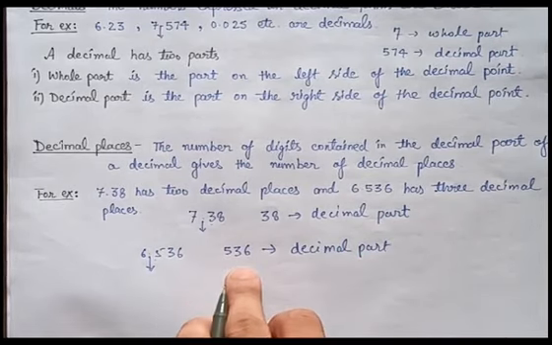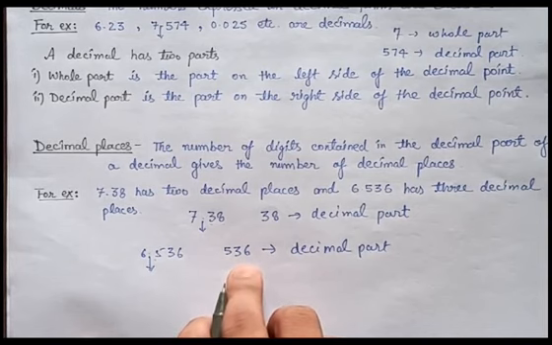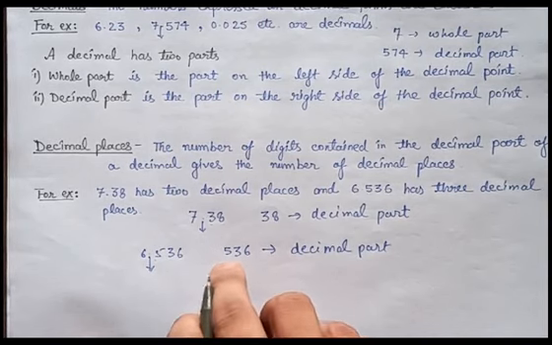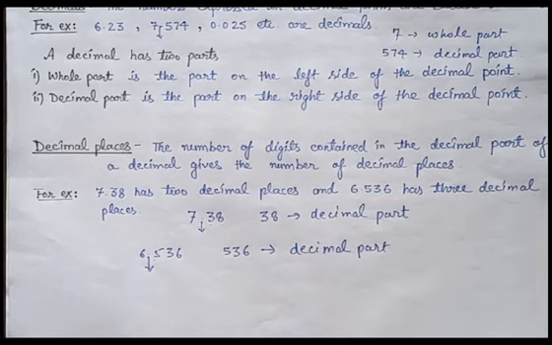As the decimal part 536 contains 3 digits, 5, 3 and 6, so we can say the number of decimal places in 6.536 is 3. Okay, I hope it is clear. So first we have to see the decimal part of the given decimal, and after that we will count the number of digits present in that decimal part. That number of digits gives the number of decimal places.